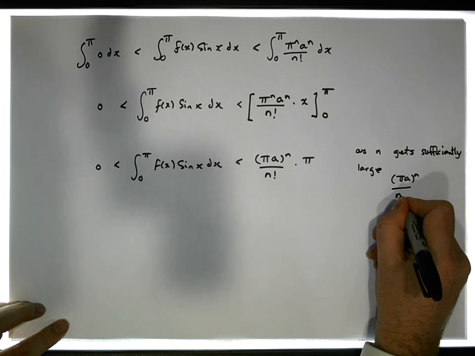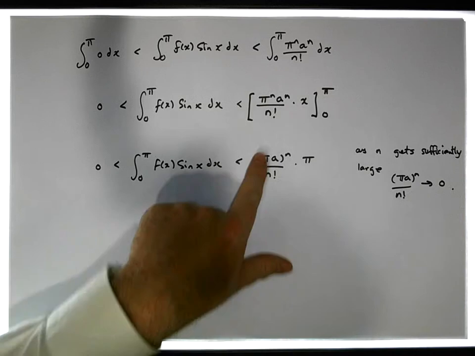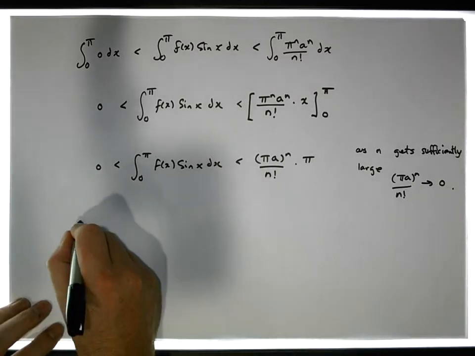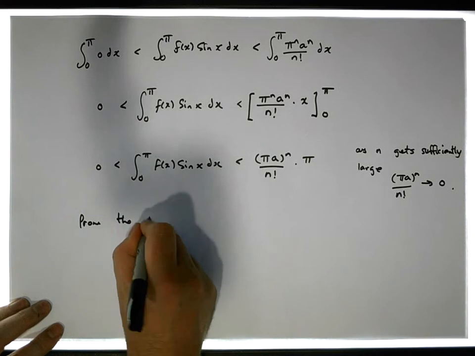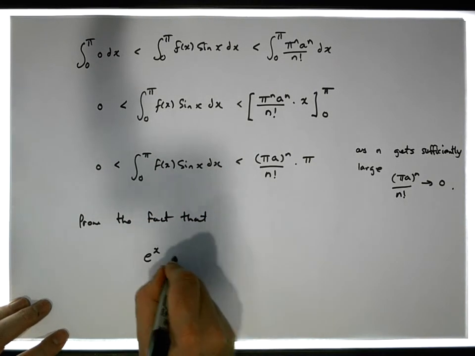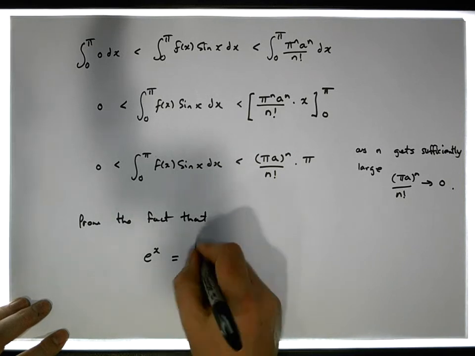It converges to 0, this particular term does. And this is from the fact that the exponential function e to the x can be defined as this series, the summation, I'm not going to do any limits on the summation here, x to the n over n factorial.